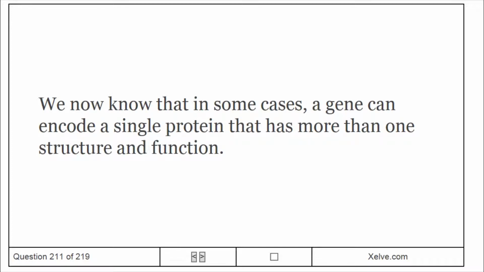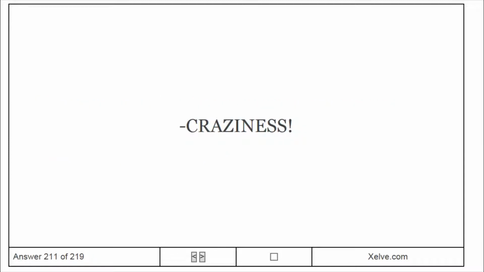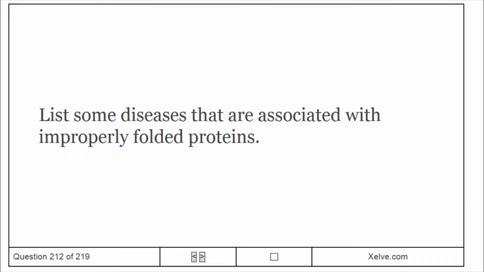An immune system response. We now know that in some cases, a gene can encode a single protein that has more than one structure and function. Craziness.